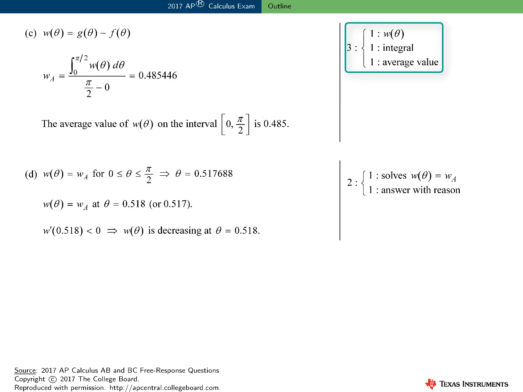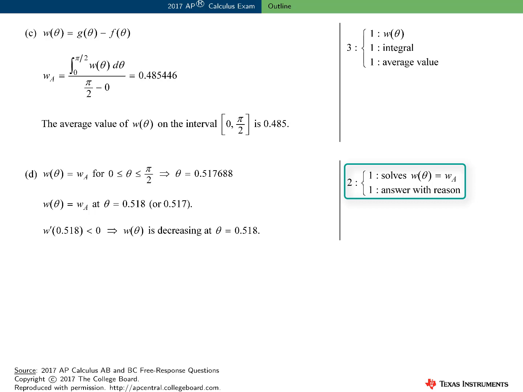Part C was worth 3 points. 1 point for a correct explicit expression for w of theta, 1 point for the integral expression in the formula for average value, and 1 point for the actual average value.